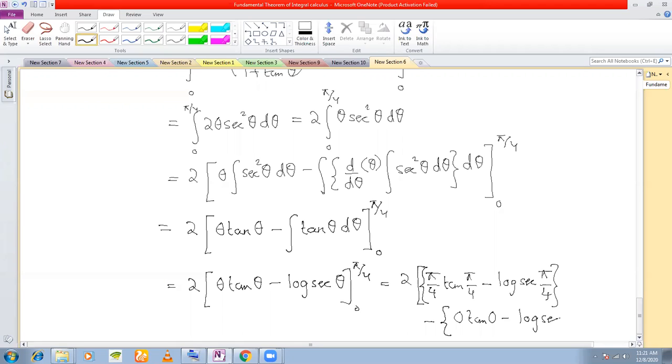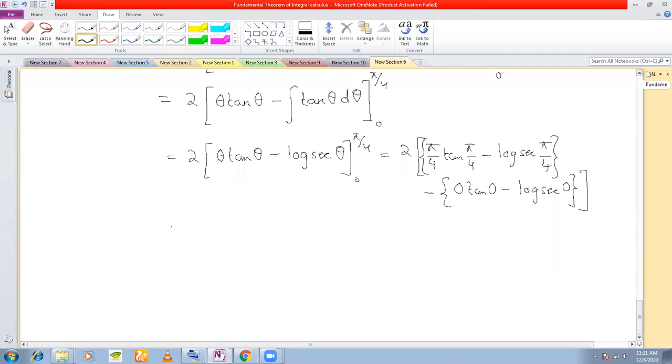So everything becomes 0 here. So what are you left with only? You are left with twice pi by 4 tan pi by 4 minus log sec pi by 4. That is what you are left with.